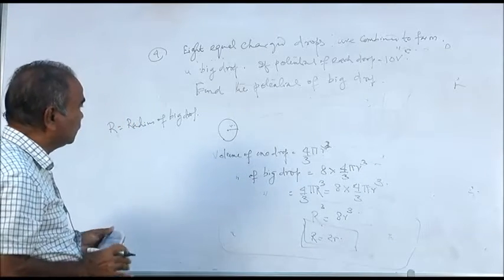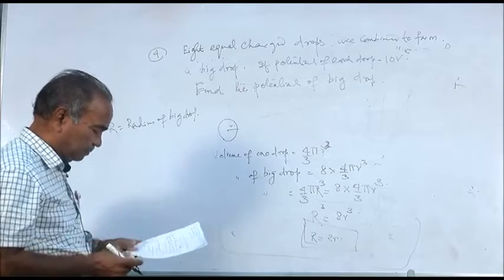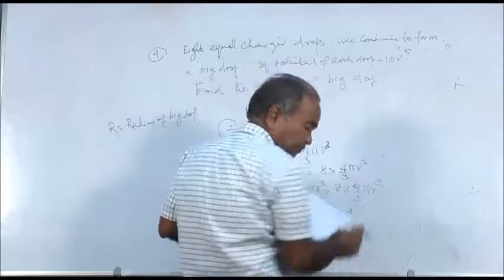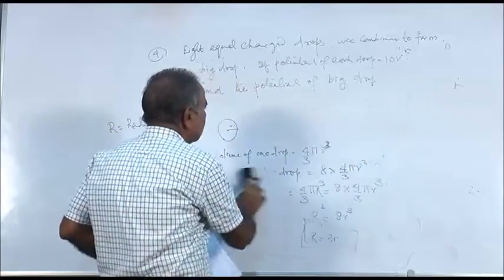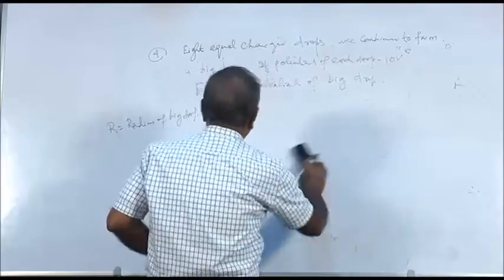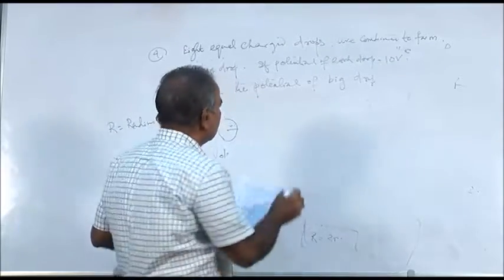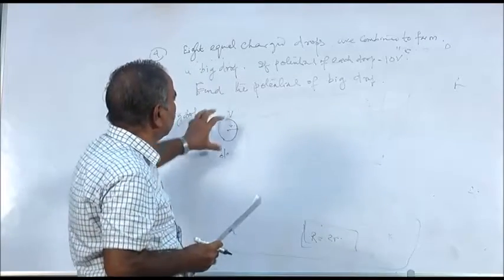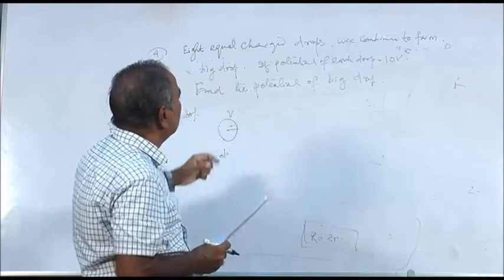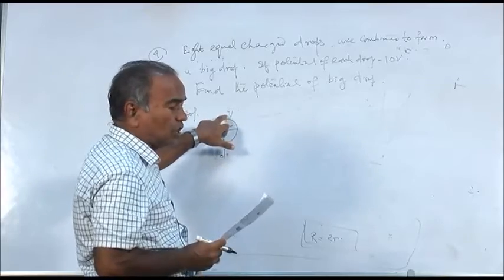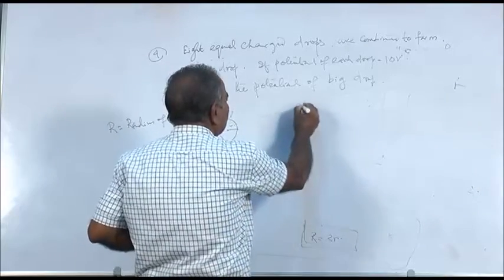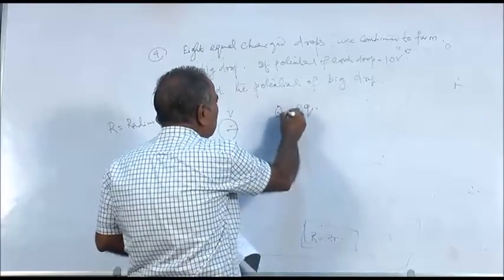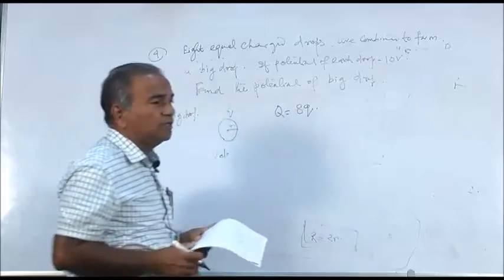Then we will calculate the potential of the big drop. If q is the charge of each drop, when the 8 drops are combined, the total charge of the big drop will be 8q. So capital Q is equal to 8 times the charge of a single small drop.